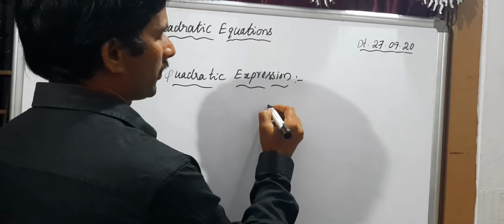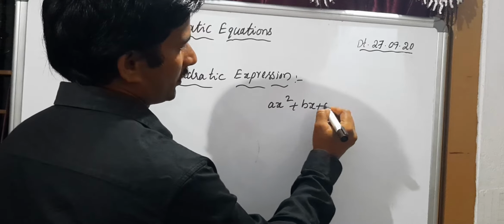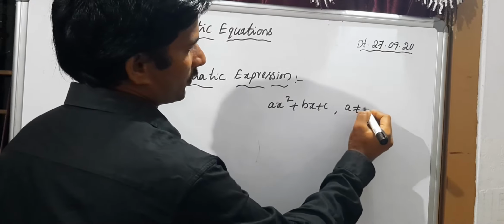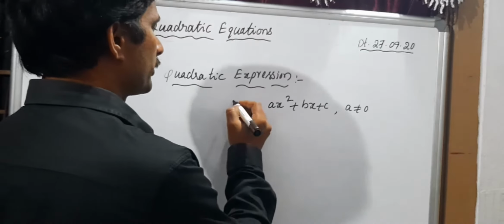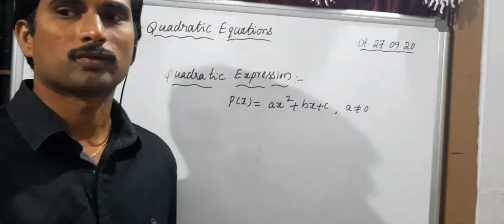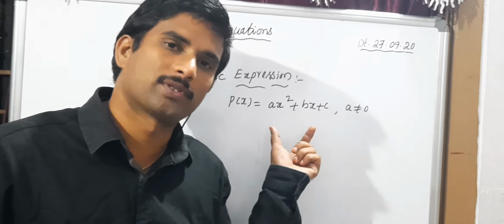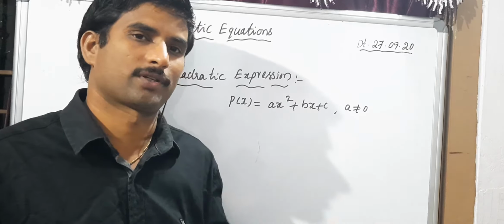The standard form of a quadratic expression is ax square plus bx plus c, where a not equal to 0. The quadratic expression is denoted as p of x. So p of x equal to ax square plus bx plus c is called a quadratic expression.